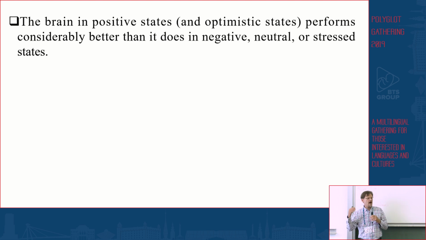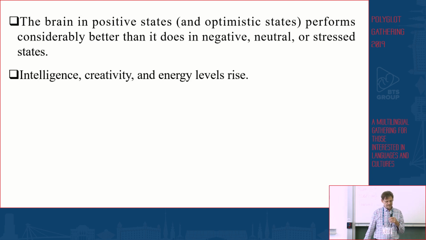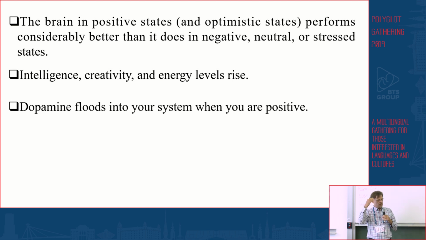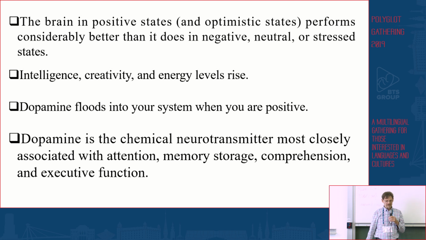So the brain in positive, optimistic states performs considerably better than it does in negative, neutral, or stressed states. Your intelligence, your creativity, your energy levels rise in positive states. Neurologically, dopamine floods into your system when you are in positive states.